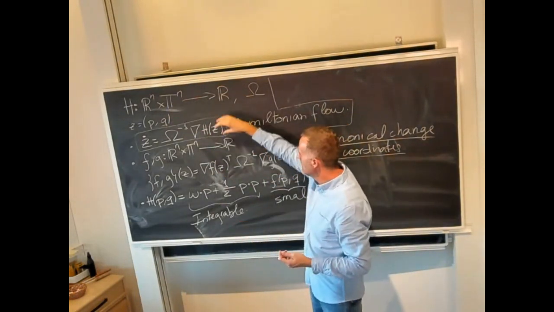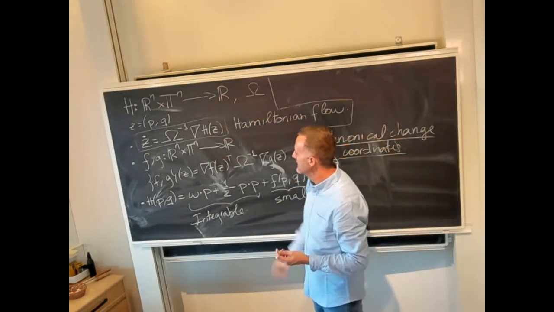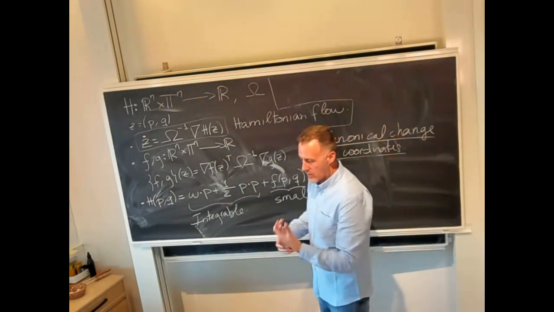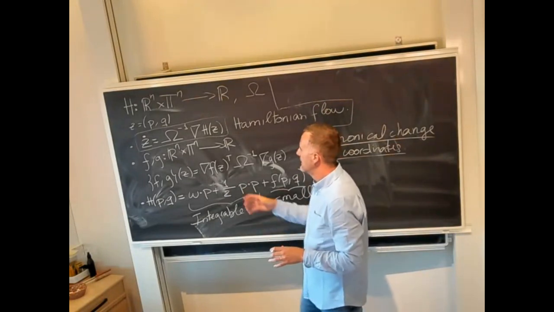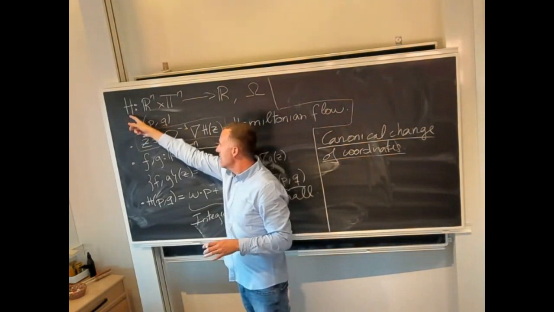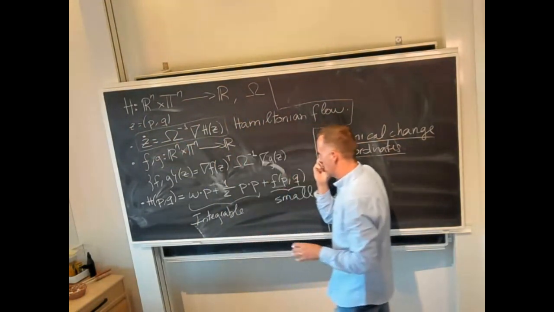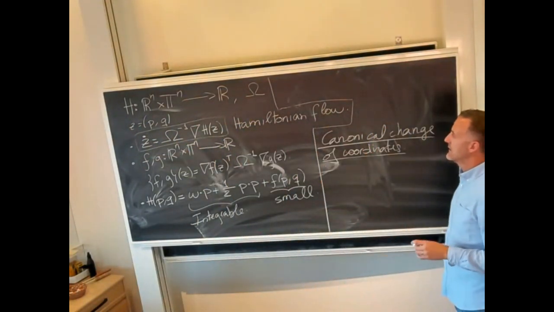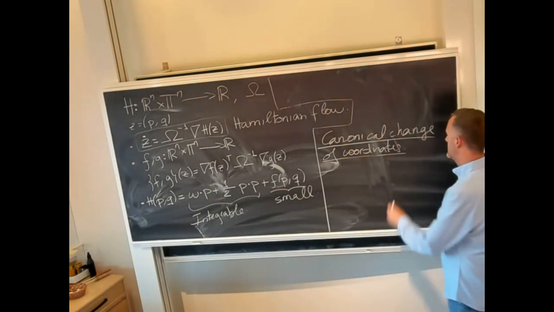Then we want to do a change of coordinates in this ODE such that we get a new ODE, which is again constructed from another function, another Hamiltonian, so you perform again this operation. That's what we call a canonical change of coordinates.